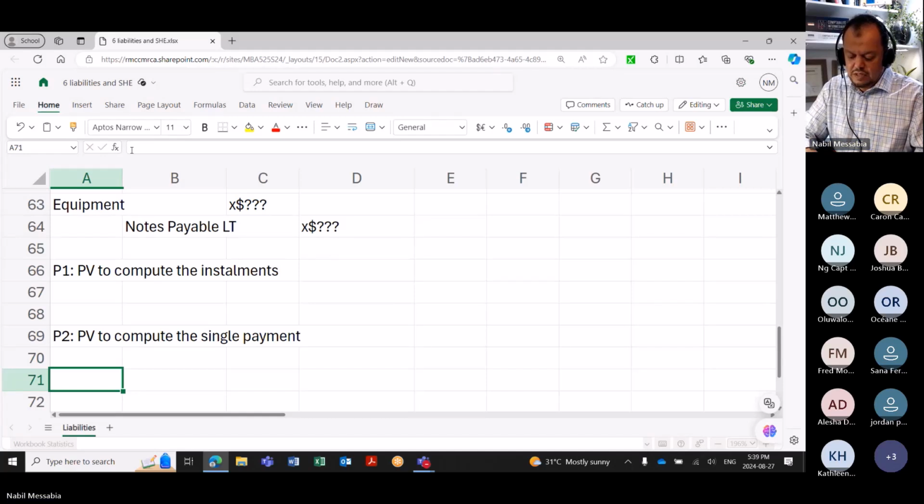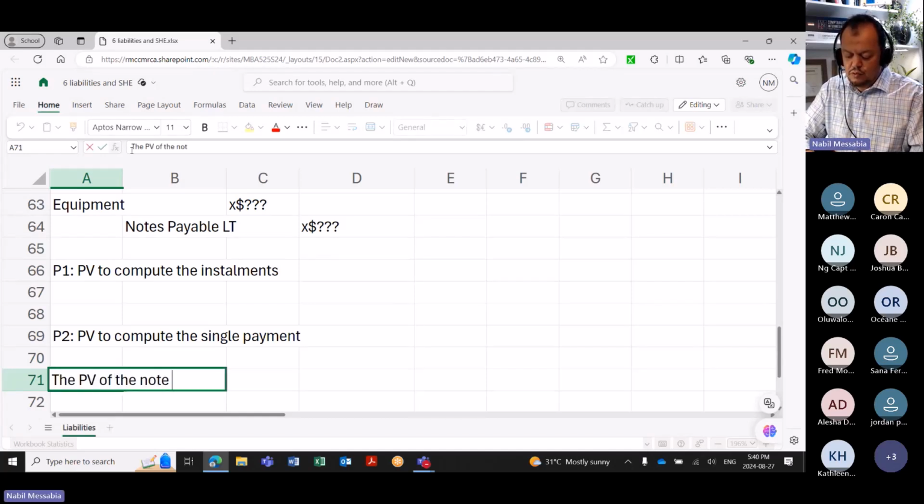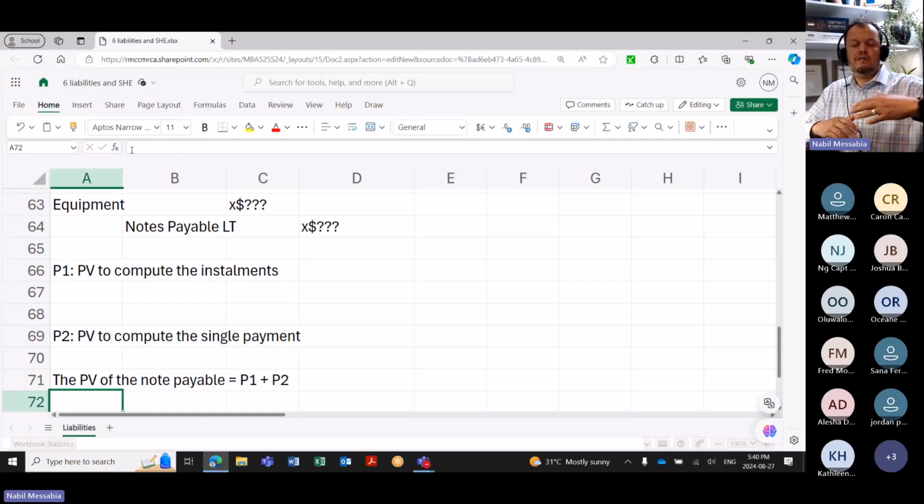So the PV of the note payable will be equal to P1 plus P2, which means the present value of the 4 payments of $35,000 plus the present value of a single payment of $100,000 within 5 years. And now you know how to proceed.